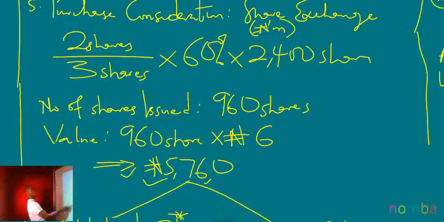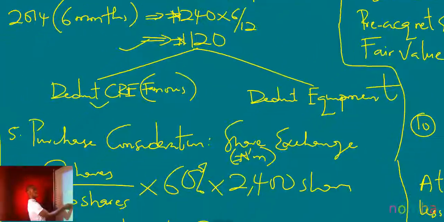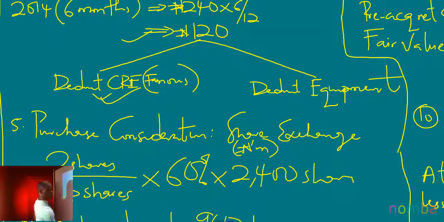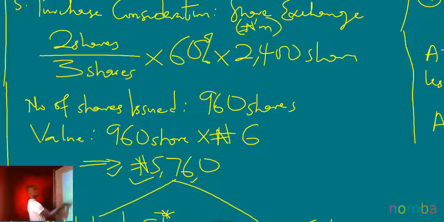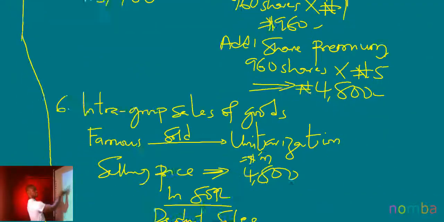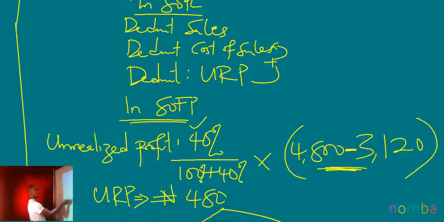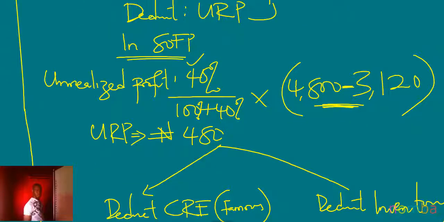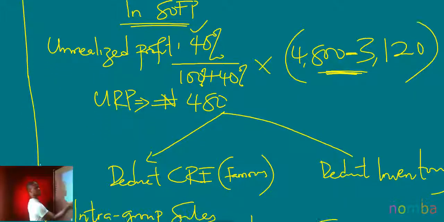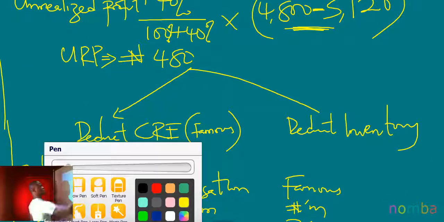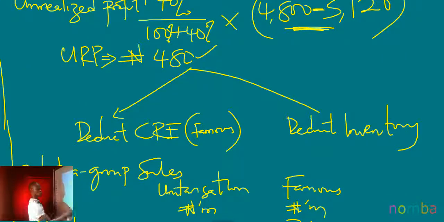After we have deducted the additional depreciation from the retained earnings of Famous, as given here, then we want to look at other additional information. Purchase consideration will not have any effect. Okay, intragroup sales of goods should have effects on the retained earnings in the statement of financial position. So the unrealized profit. We had an unrealized profit of 480 million here, which we said we are going to deduct from the retained earnings of Famous.